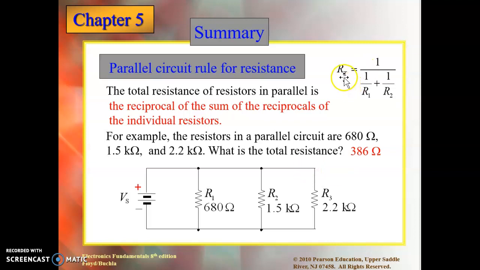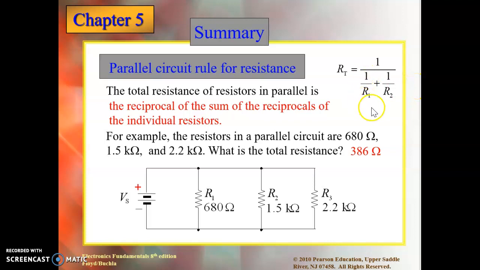That means that if we have to find R total, which most of the time we try to avoid because it is very mathematically intensive, a lot of calculations, very easy to make mistakes, but if the question asks for a total resistance, and we cannot use Ohm's law with the voltage and the current, then we will have to use this formula: the total resistance is equal to 1 over (1 over R1 plus 1 over R2 plus 1 over Rn), as many resistors as we have in the parallel circuit; you just keep adding them in this formula.